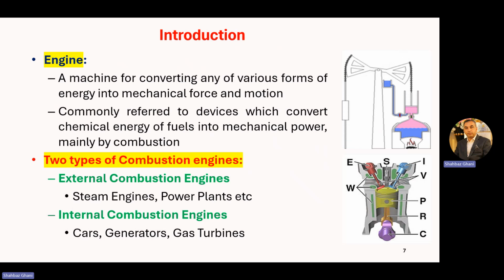But just to give you a brief idea, there are two types of engines. One is the external combustion engine and the other is the internal combustion engine. A few examples of external combustion engines are the steam engine and steam power plants. Internal combustion engines are in cars, generators, and gas turbines.